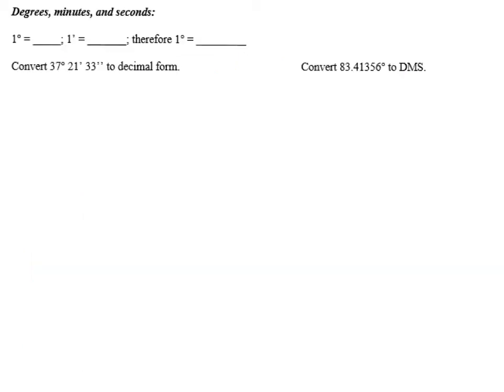All right, degrees, minutes, and seconds. This is just a quick hitter because we don't spend a ton of time on it. There's this old school way that you don't see a ton anymore, but I think it's fun to bring up. You still see it in a different measurement system, like latitude and longitude, in degrees, minutes, seconds. 1 degree, once upon a time, was defined to be 60 minutes, and 1 minute was defined to be 60 seconds, which that math would lead us to say 1 degree is 3,600 seconds.